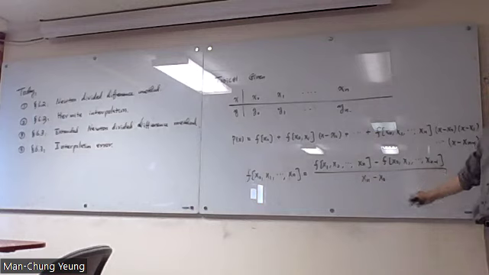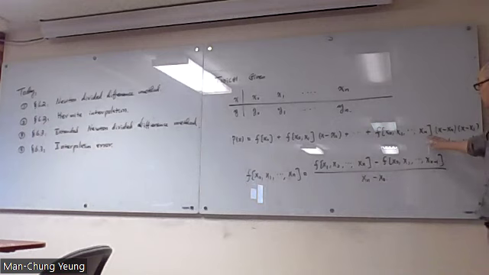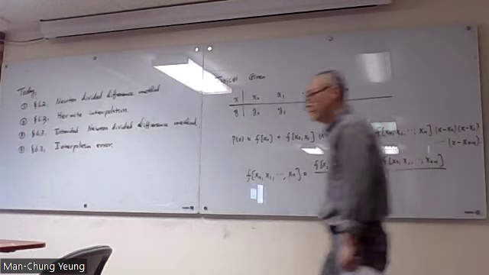Based on this formula, we can build a table. The table computes the coefficients of the Newton polynomial.